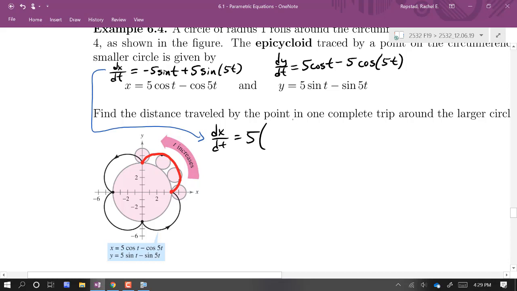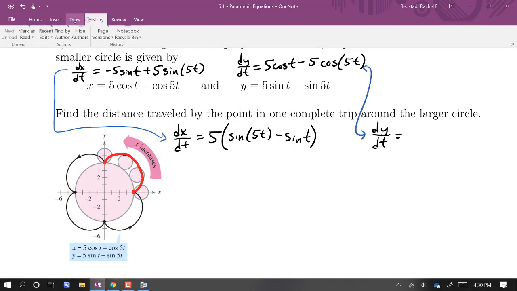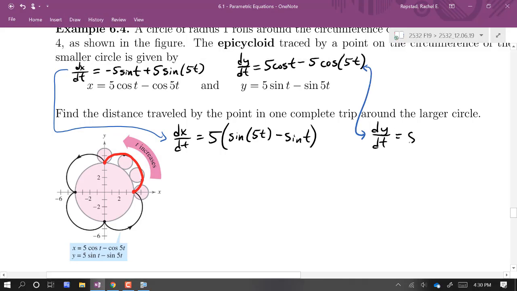So 5, and inside I'm going to have sine 5t minus sine t. And then I'll do the same thing with dy/dt. I'll factor out the 5. I'm not going to switch around the terms because I'm already starting with a positive term. So cosine t minus cosine 5t.